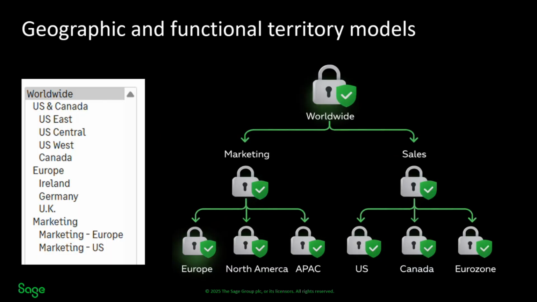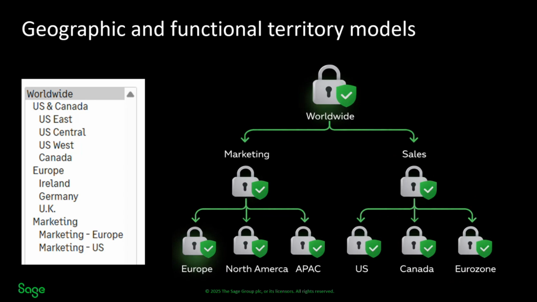To understand this a little bit better, we can start to understand that the hierarchies that are created inside Sage CRM are going to form around different concepts of what a territory is. Probably the easiest to understand is the concept of a geographic territory.